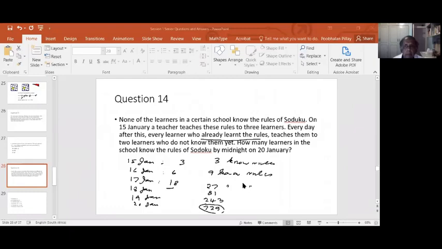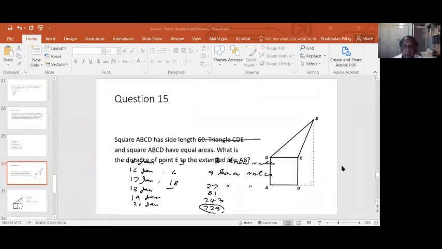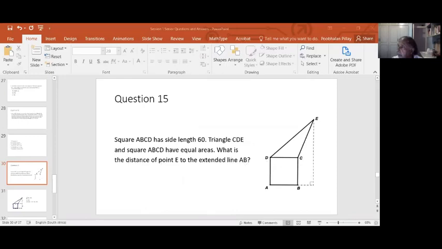So let's get on to problem 15. Okay, so this is 15. Problem 15 says, a square ABCD has side length 60. You can see there's a square here, and the side length is 60.